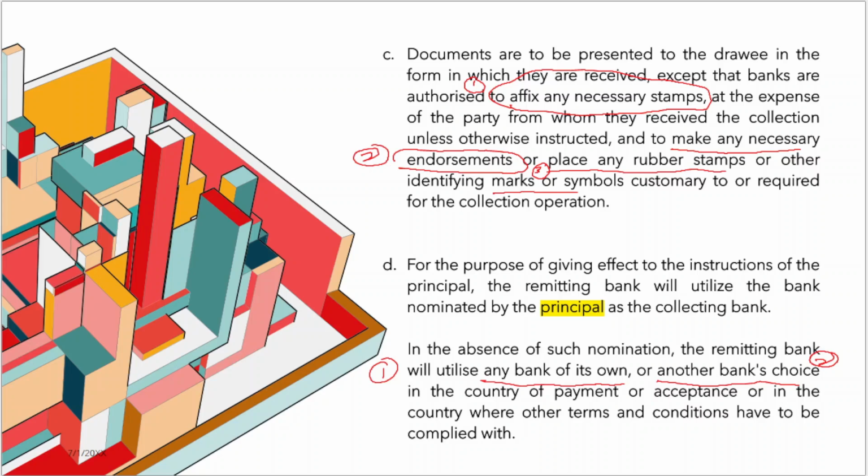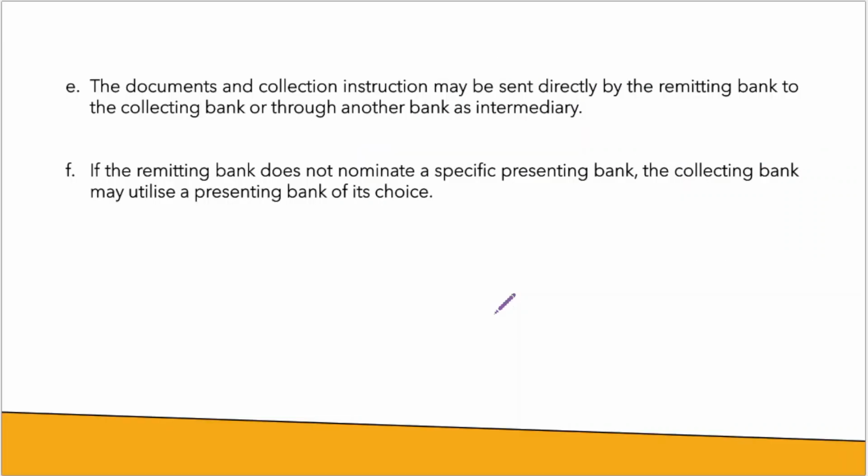When you move on to subsection F, you will see a difference. Moving on to subsection E, the documents and collection instruction may be sent directly by the remitting bank to the collecting bank or through another bank as an intermediary.